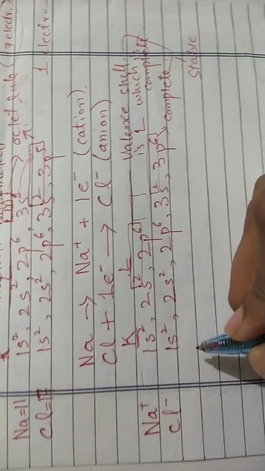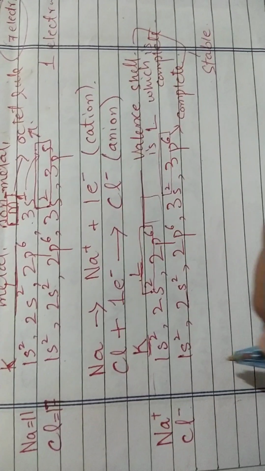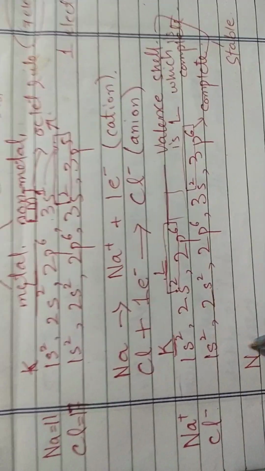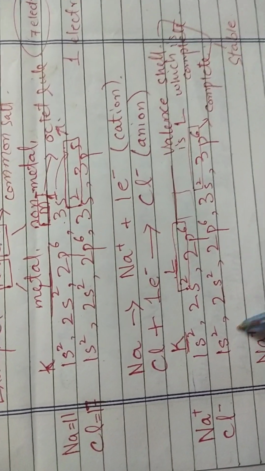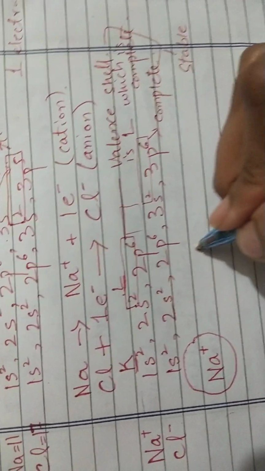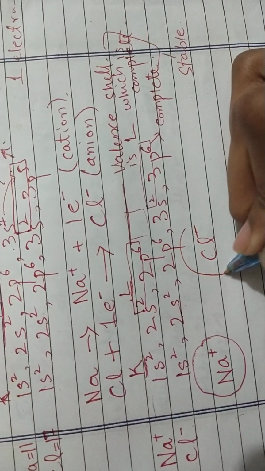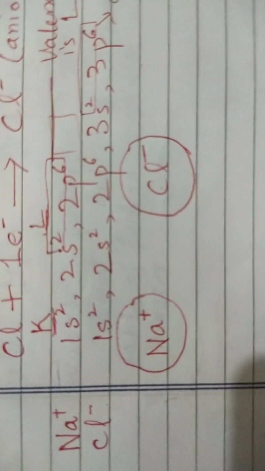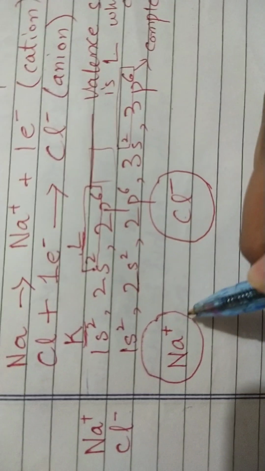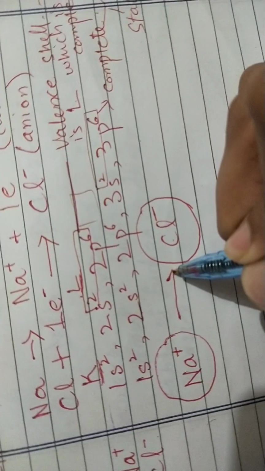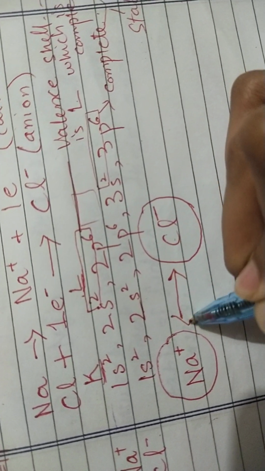By losing an electron, sodium becomes a sodium ion, and a partial positive charge is created on the sodium ion, and a partial negative charge is created on the chloride ion. Now these partial positive and partial negative charges attract each other.